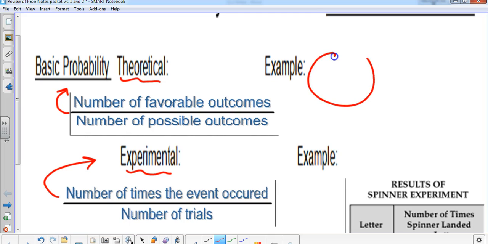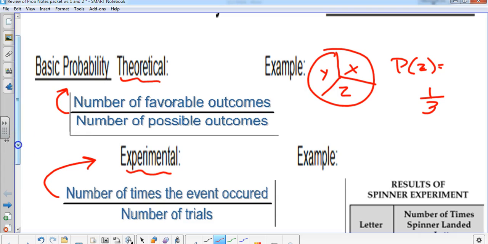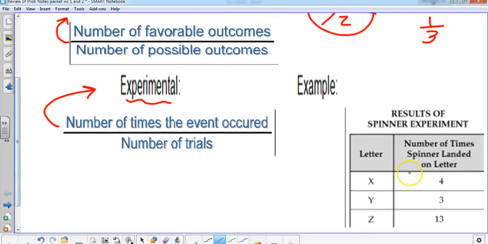So for example, if we had this spinner that had an X, Y, and a Z, what's the probability of getting a Z on this spinner if I made those all nice and equal? 1 out of 3. But if we did an experiment with that spinner and we found this was true, what would be the experimental probability for getting a Z?